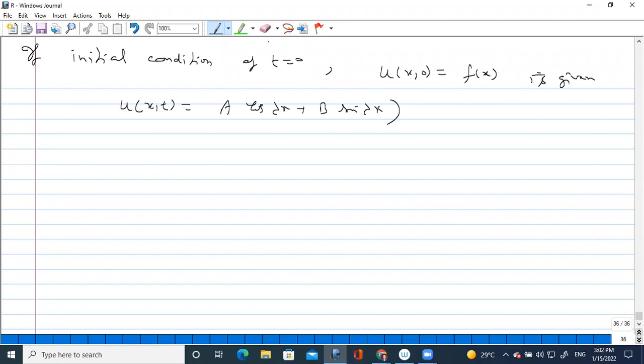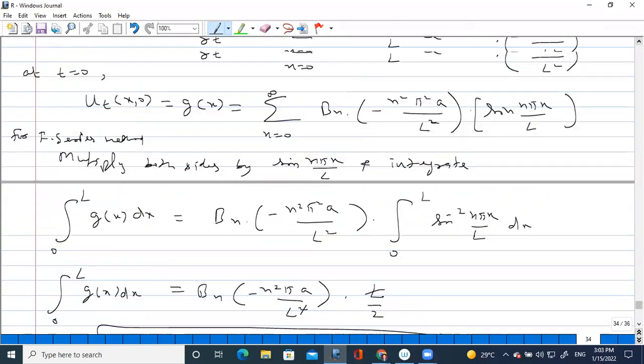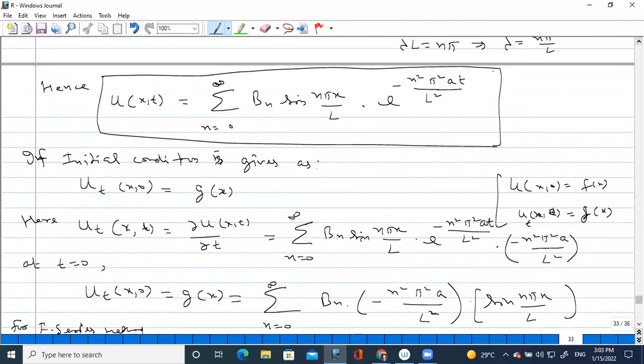Sorry, in b_n you have to apply now. Up to here we have come. b_n sin, in place of lambda it will be n pi, so b_n sin(n pi x by L) into e to the power minus lambda square, meaning n square pi square by L square, into, what was that, e to the power n square pi square a t by L square, no?